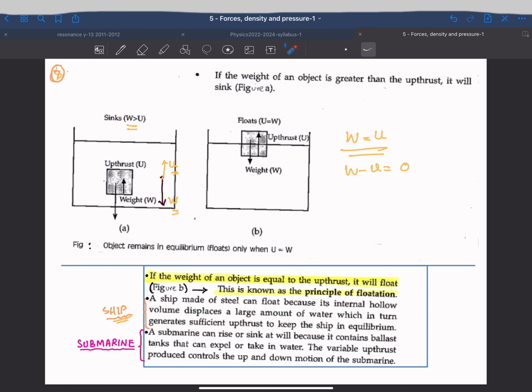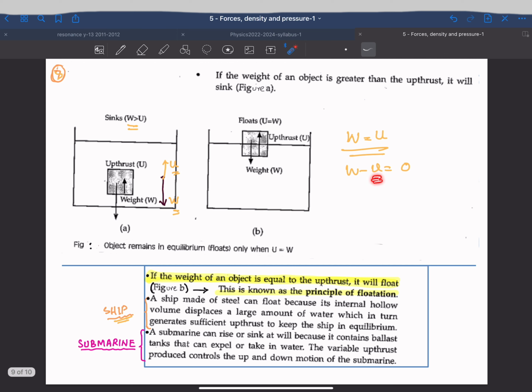That is, the liquid displaced by this huge ship gives you a big upthrust, and this balances your W, and the ship floats on the surface of the sea. This is the equilibrium situation.